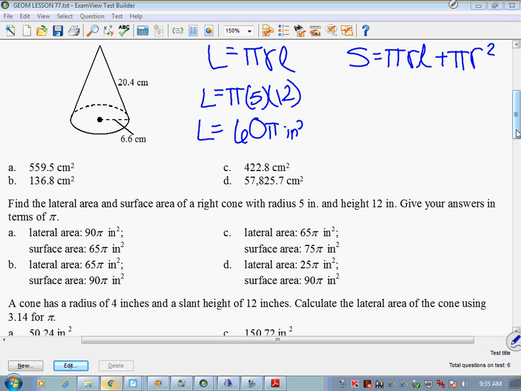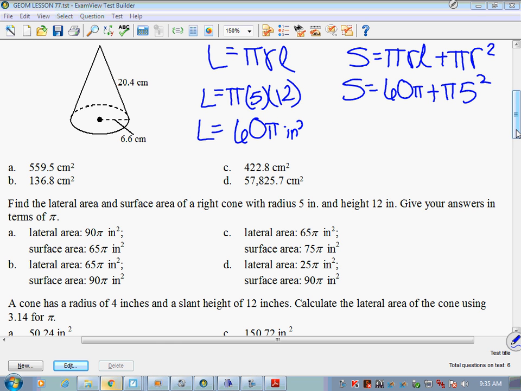Now the nice thing about having a question where we have to solve lateral area and surface area is, do I need to solve pi R L again over here? No. What do I already know? I already know that this is 60 pi, correct? Plus pi, what's my r squared here? 5 squared.